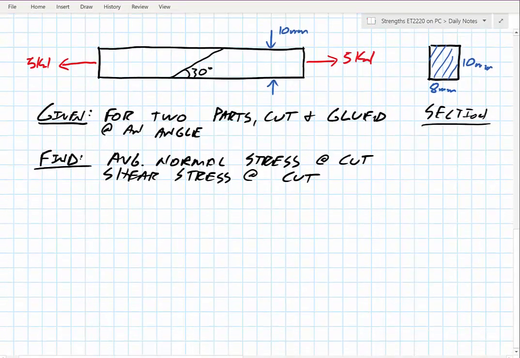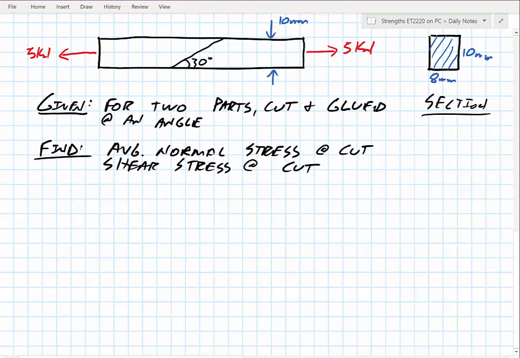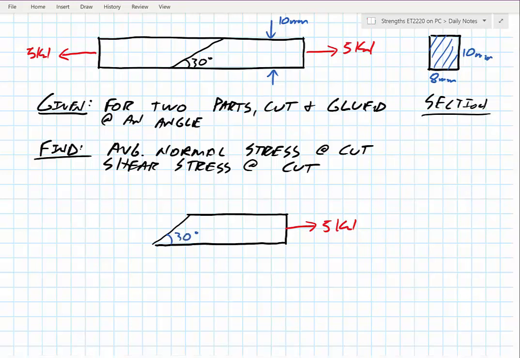So the way I would start with this is a free body diagram, just looking at, and you could look at either side, I'm going to look at the right hand side. If I were just to draw the right hand side, I see my cut over here with the 30 degrees. I'm applying this load of 5 kilonewtons. I know that this is a 30-degree angle. Now, what's going on the surface to resist this 5 kilonewton load?